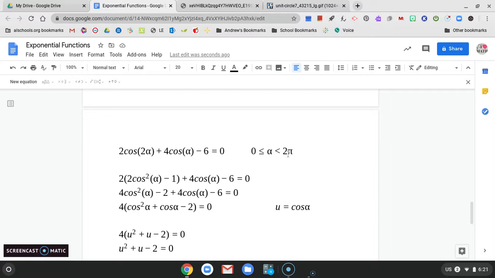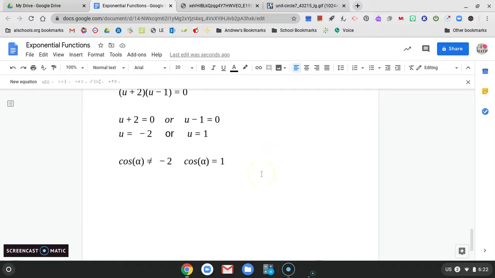So we're not going to get that full rotation around the circle. The only time this original equation is going to equal 0 is when alpha equals 0. When alpha equals 2 pi, this would also work, but that wasn't part of the domain.